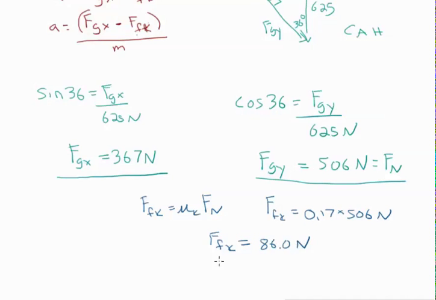Now we have this, it's our FGX. We have this, now we need our mass. This one's pretty easy because we know our weight is 625, and we know that weight is always mass times acceleration due to gravity. You don't have to show this work if you don't want to, but we would do 625 divided by 9.8 to find that our mass is 63.8 kilograms.